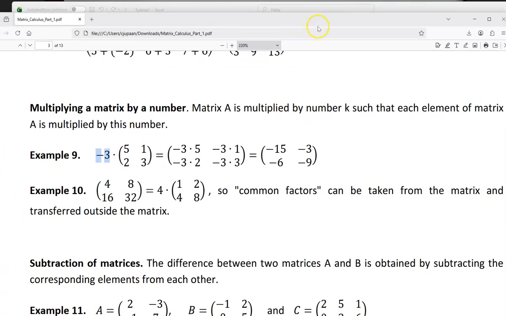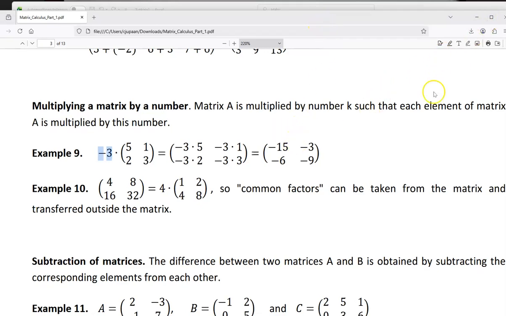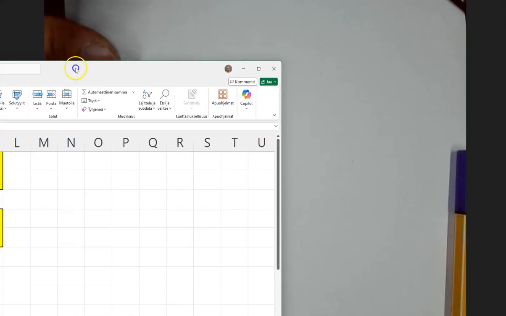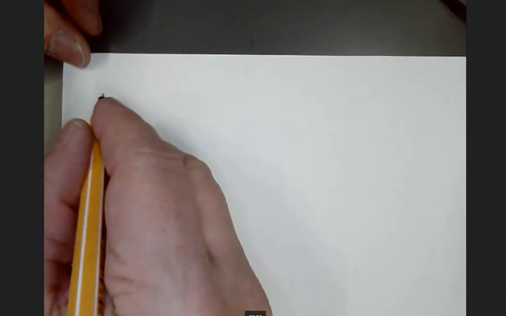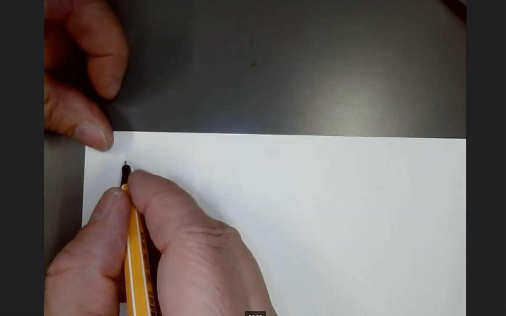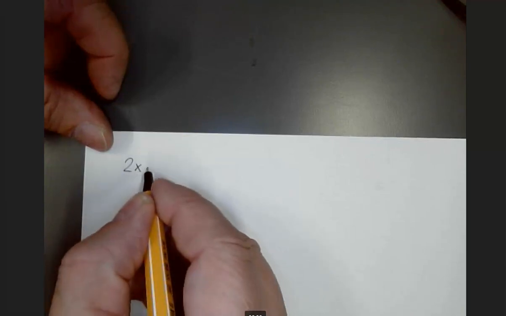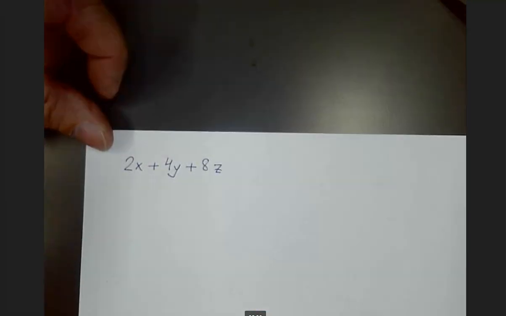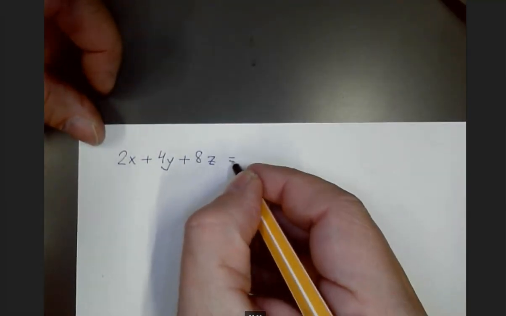And then there is also the possibility to do exactly the same as in basic algebra. I will use the camera here. For example, if in basic algebra you have this kind of case that you have 2x plus 4y plus 8z, then you can take a common factor.